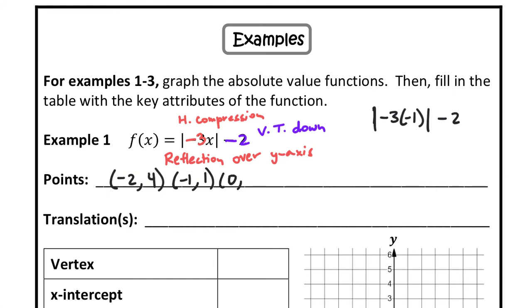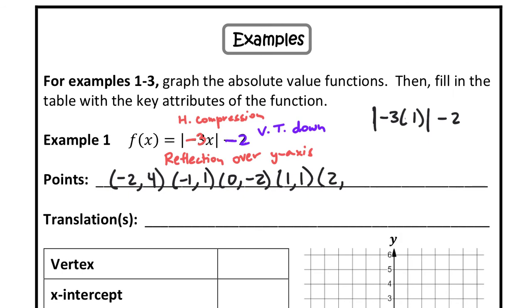So if I plug in 0, 0 minus 2 is negative 2. If I plug in 1, negative 3 times 1 is negative 3. Absolute value of negative 3 is positive 3. 3 minus 2 is 1.